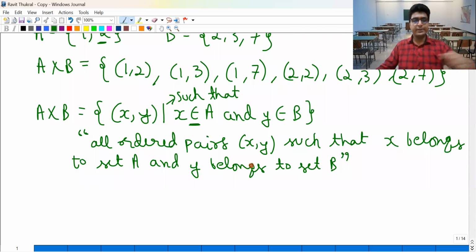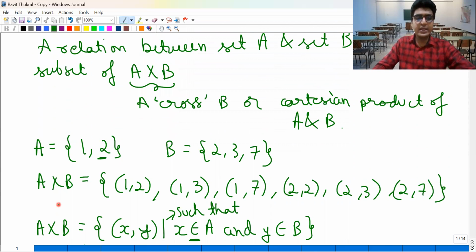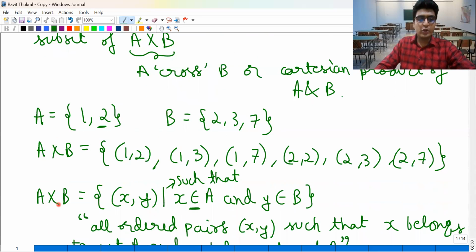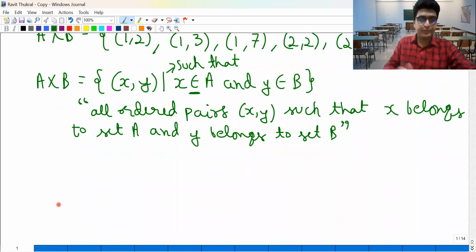Now we can create relations. As I said, a relation is basically a subset of the Cartesian product of A and B. So let's also talk about what's a subset. Let A and B be two sets.